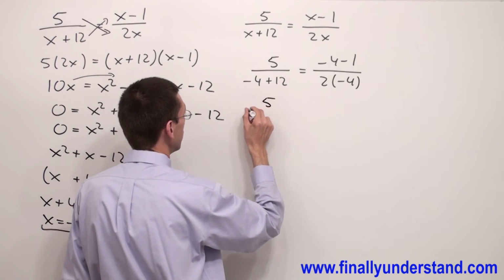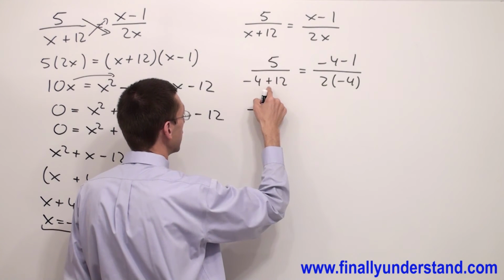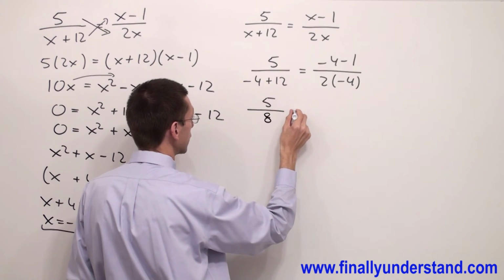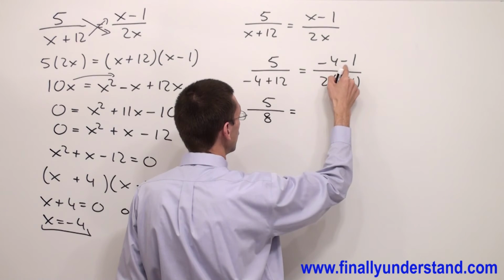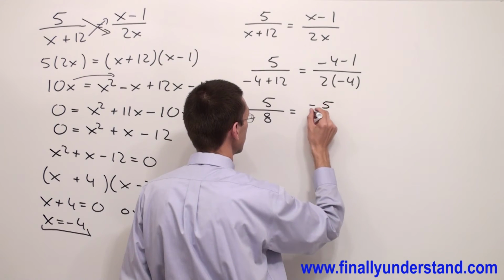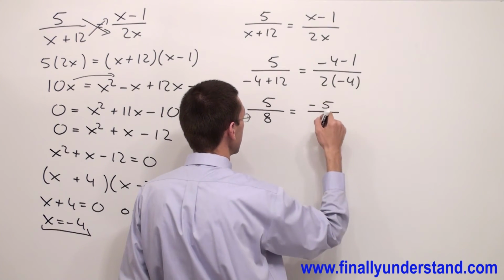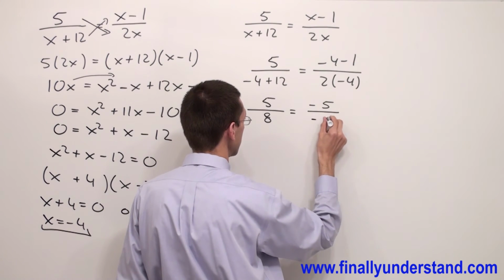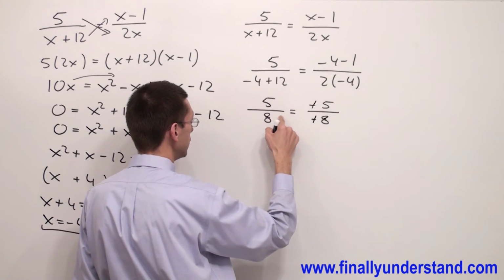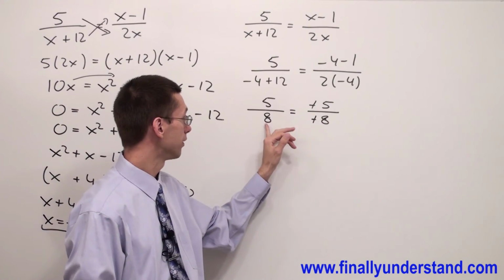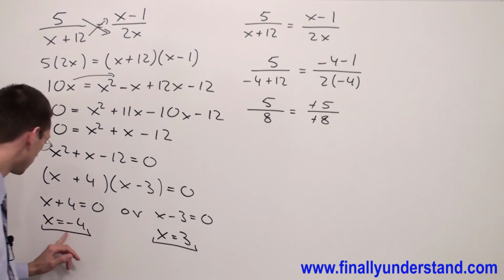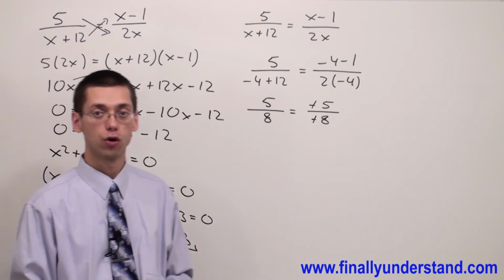I have 5 over negative 4 plus 12 is equal to 8, equals negative 4 minus 1 is equal to negative 5. 2 times negative 4 is equal to negative 8. Negative and negative will cancel out, and I have 5 over 8 is equal to 5 over 8. Please notice that the left side of my equation is equal to the right side. That's why we can say that x equals negative 4 is a correct answer.